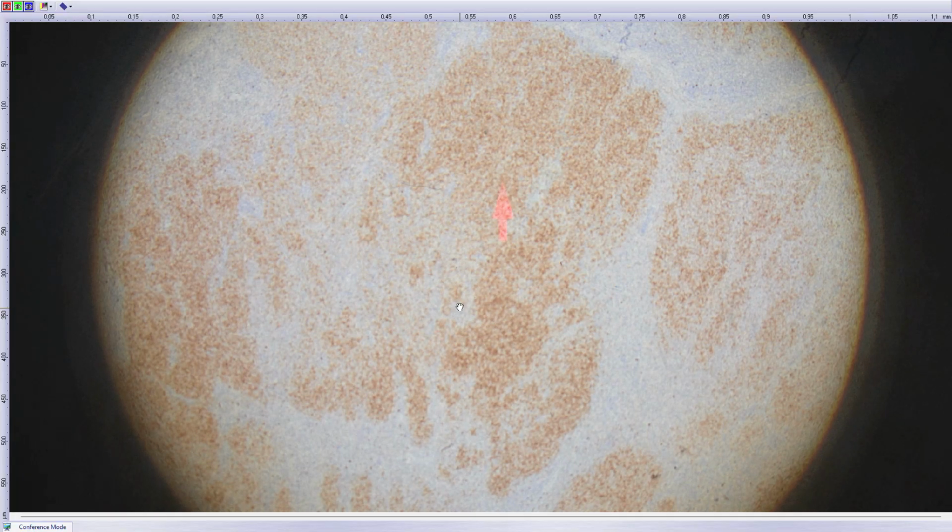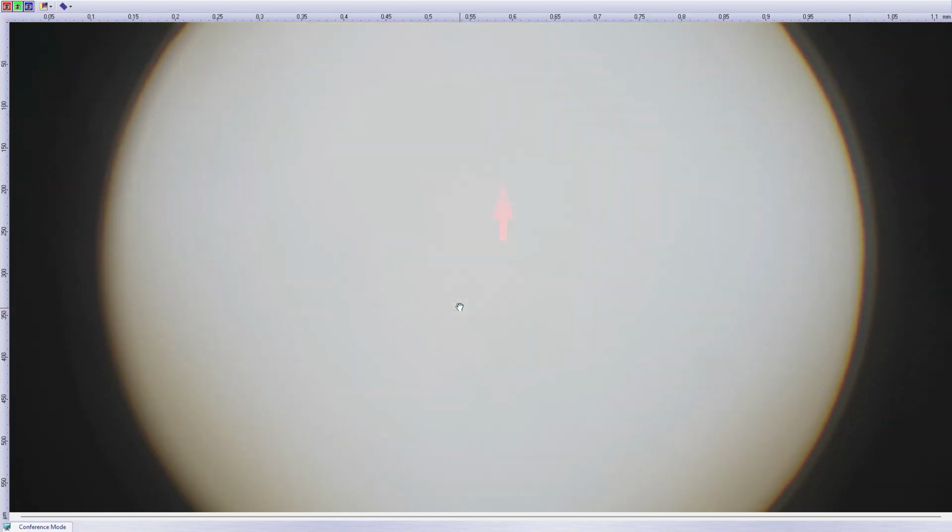But I decided to stain more because I was thinking I'm looking at some follicular lymphoma, but grading is a bit problematic, with a lot of plasma cells and high Ki-67. So I recalled an entity which is relatively rare.